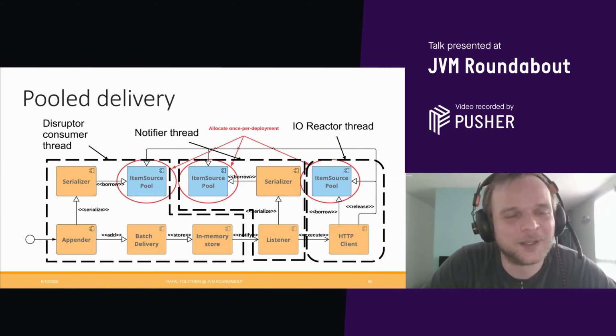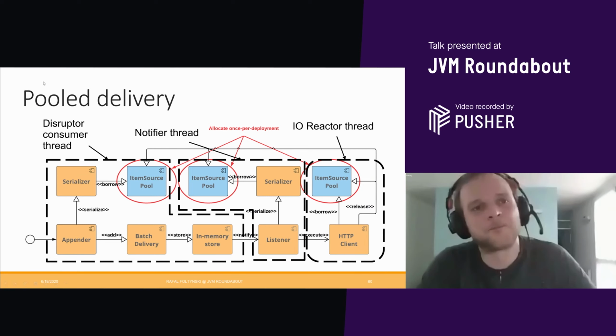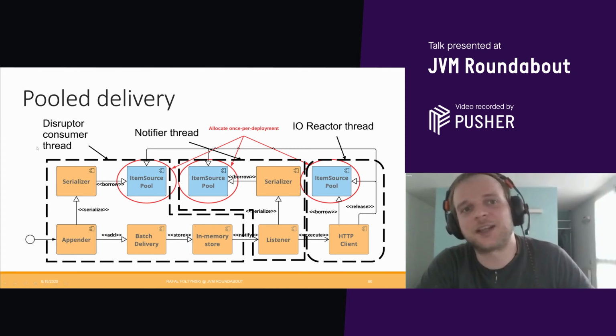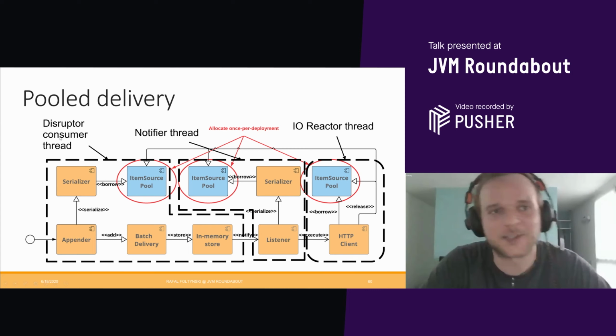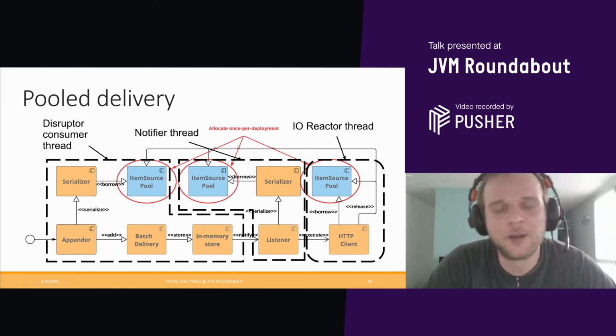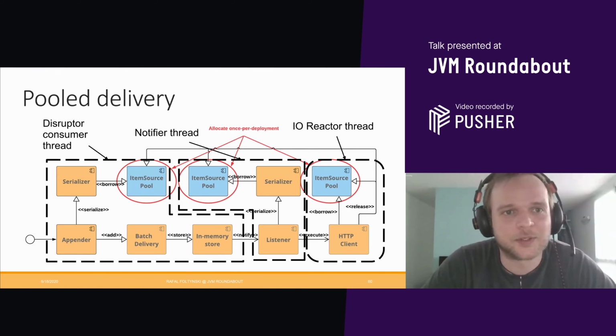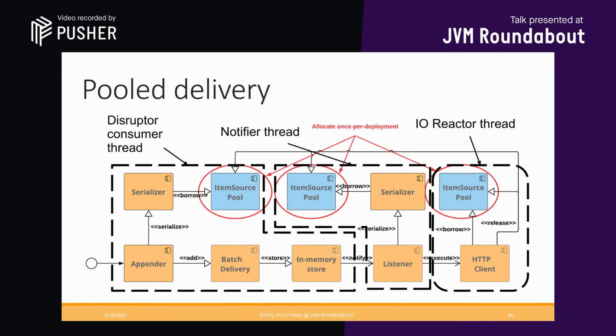So back to the architecture. The application thread on the left can actually be replaced by the disruptor consumer thread. This is the thread that takes items from the disruptor and delivers them to the appender one by one.